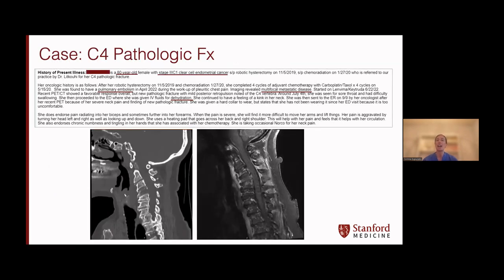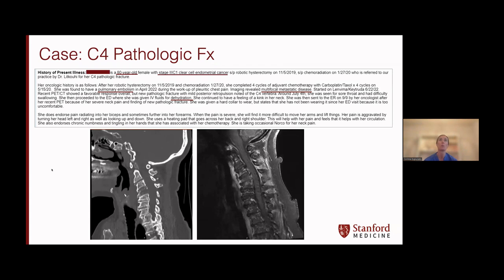So I wanted to share another case, which is a little bit different because this is not a patient who presented with an acute neurologic deficit where it's clear that that patient needed to go emergently to the operating room. This is actually a different patient who I followed for a long period of time, and she was referred to me by one of our gynecological surgeons at Stanford.